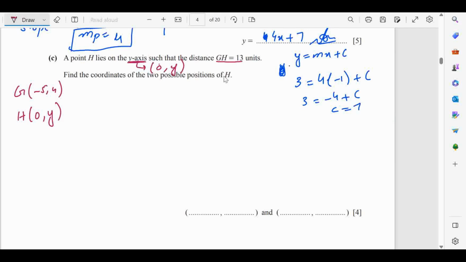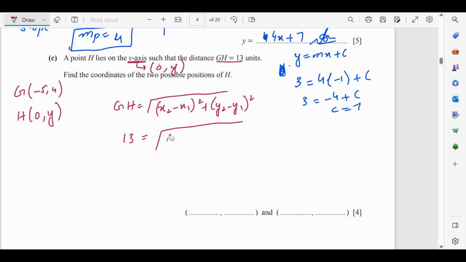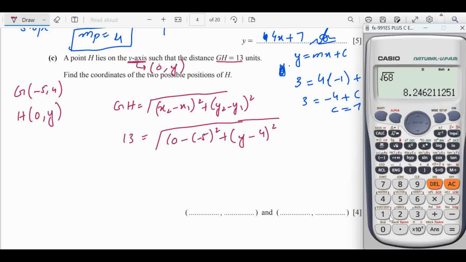Because GH is equals to 13, GH will be equals to the square root of x2 minus x1 whole square plus y2 minus y1 whole square. So 13 is equals to the square root of 0 minus -5 whole square plus y minus 4 whole square. We can take square on both sides, so this will be equals to 13 square, and 13 square will be equals to 169.